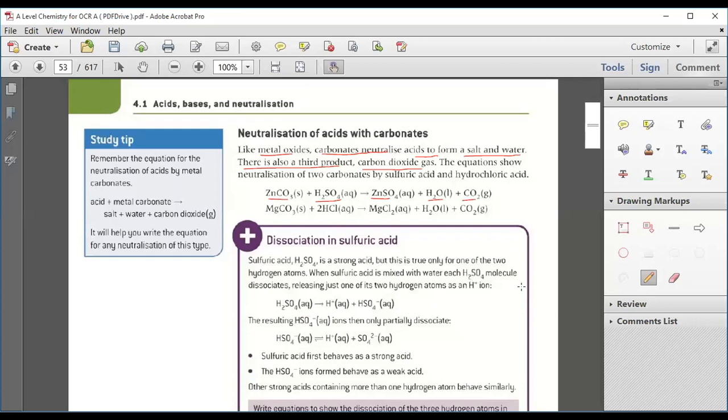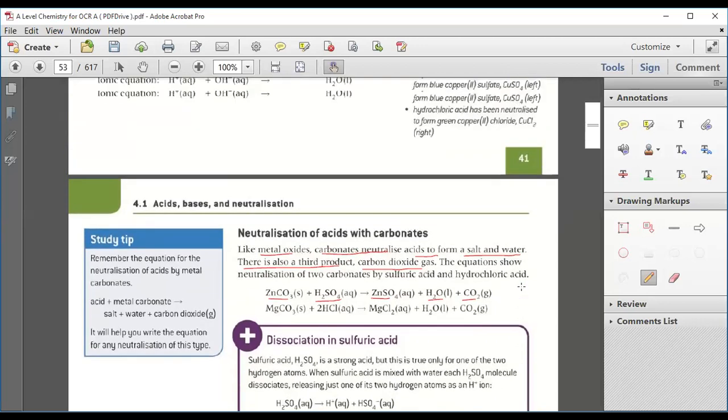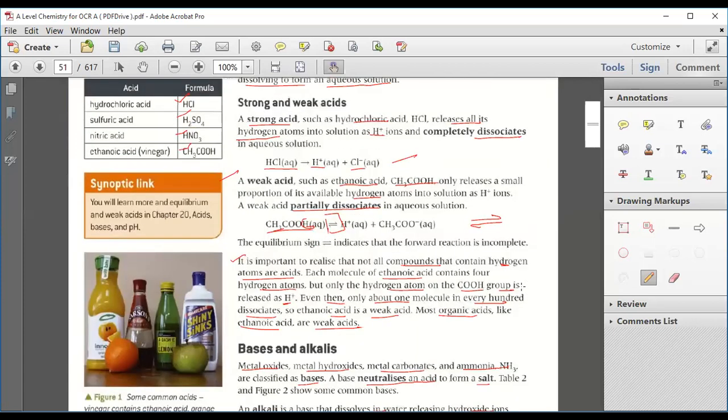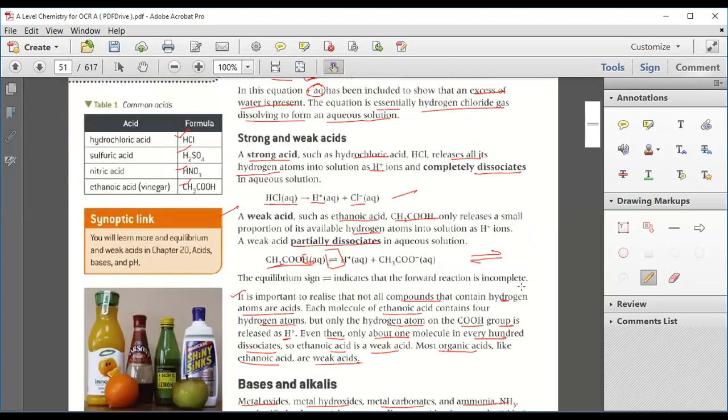I had a question before. Yes, the meeting ended by accident. This was for the acid and the salt, the table on this one. Yes, the salt takes the name of the acid.